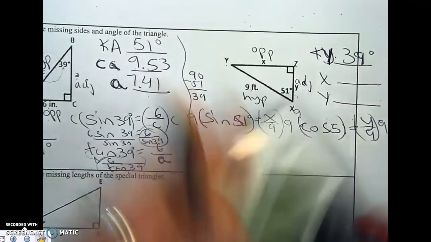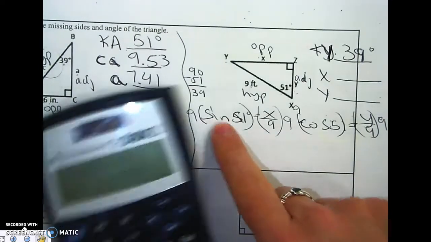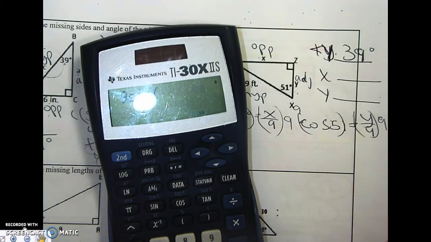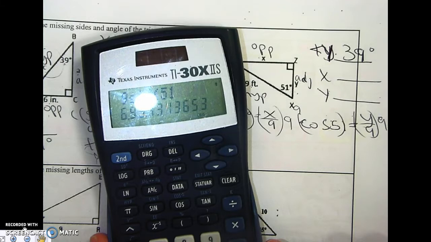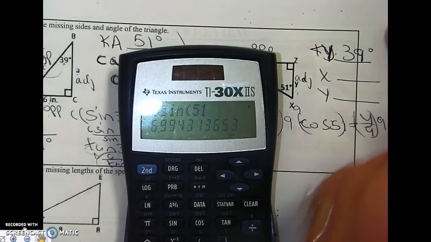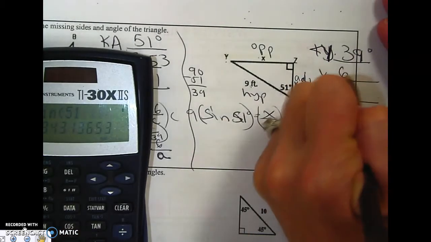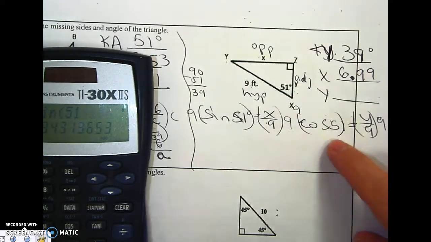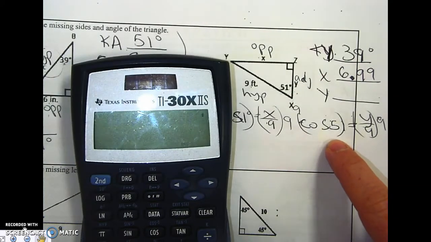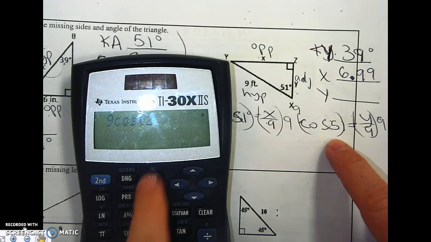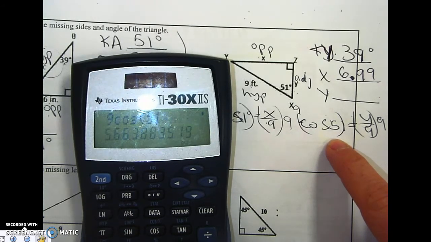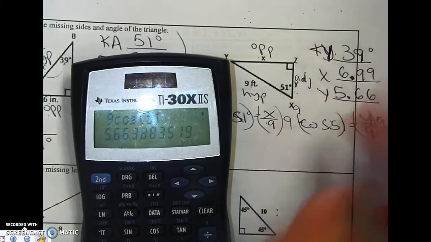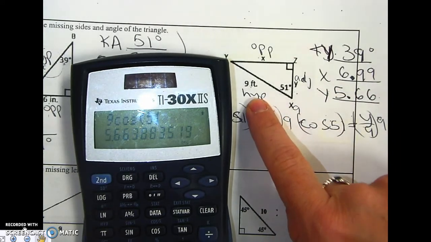In my calculator, I'm going to go 9 sine 51, and rounded to the nearest hundredth is 6.99. Now I'm going to be smart and make sure that I do the right one. Then 9 cosine 51, and I get 5.66. The good thing is my hypotenuse is my longest length.